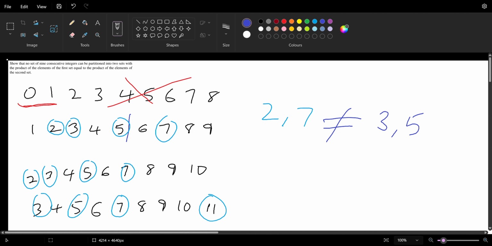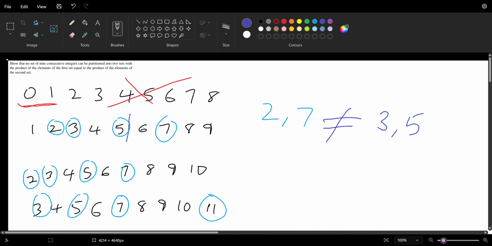What I'm trying to point out is that the prime factors on the left-hand side should be the same prime factors on the right-hand side. And if you don't have the same prime factors on the left and the right, there is no way our product can be the same in the two partitions. When I say left and right, I mean the left partition and the right partition.